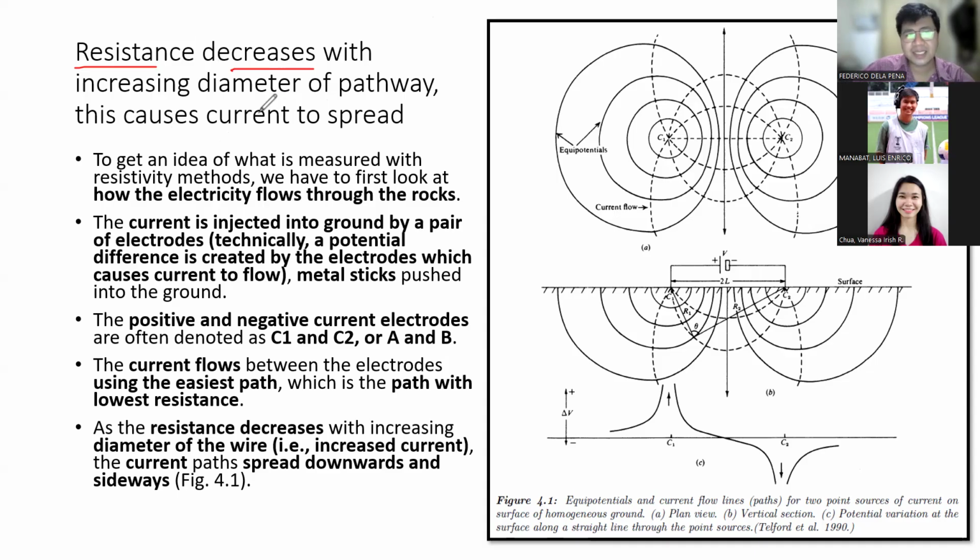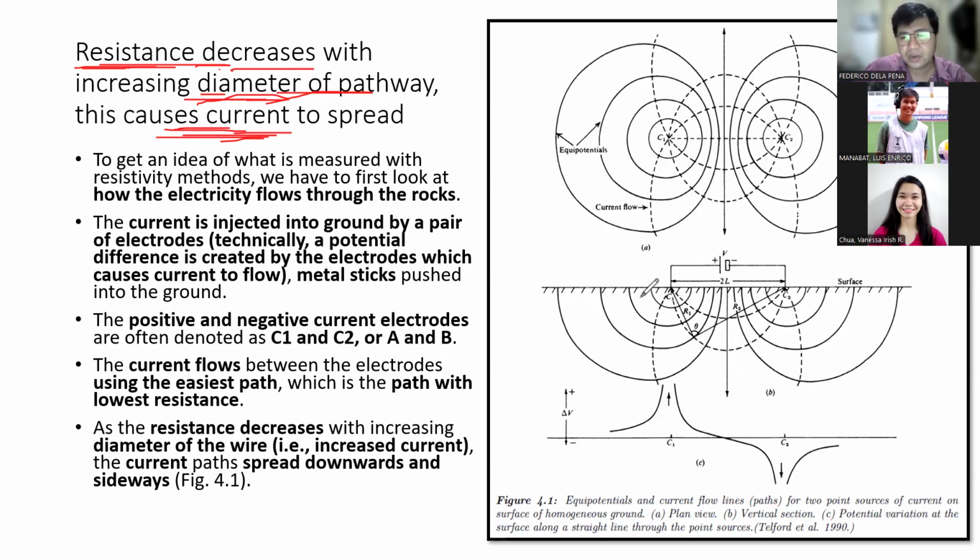This actually sounds a bit counterintuitive because earlier we talked about increasing length, right? If you increase the length, you actually get more resistance. But this statement says that the resistance will actually decrease with increasing the diameter of the pathway. But actually this is not really contradictory. We also talked about earlier how increasing the width of your pathway will actually decrease your resistance, right?